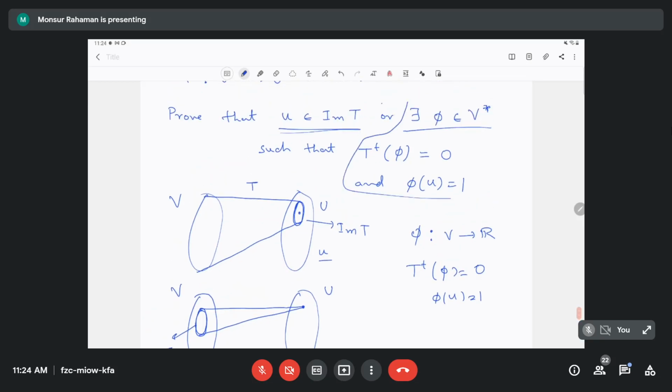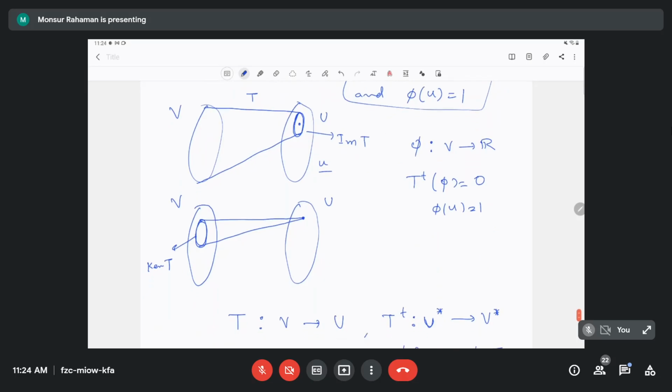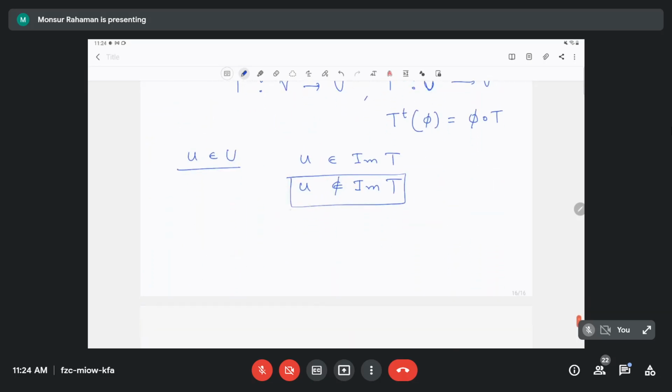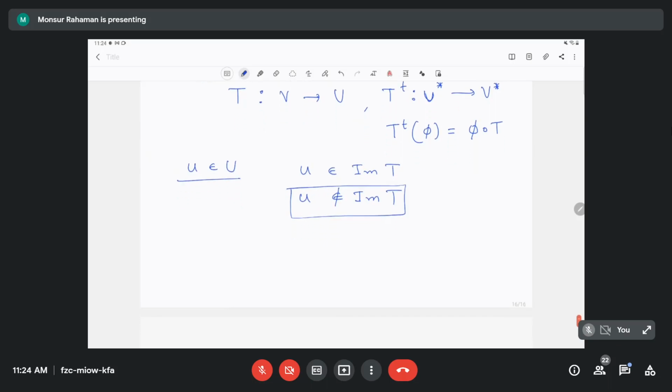If u does not belong to image T, it means there does not exist any v in V such that Tv equals u. There is no v for which it will be equal.